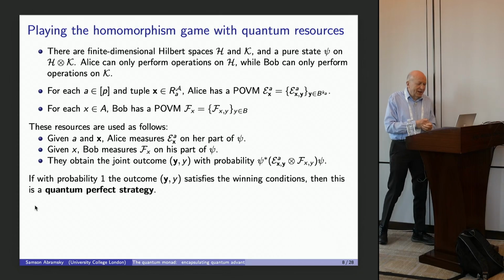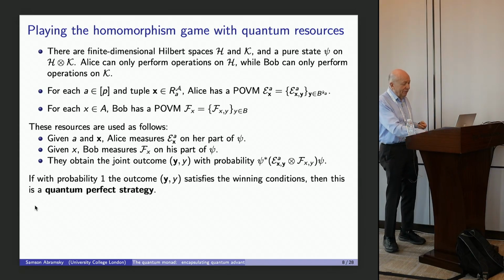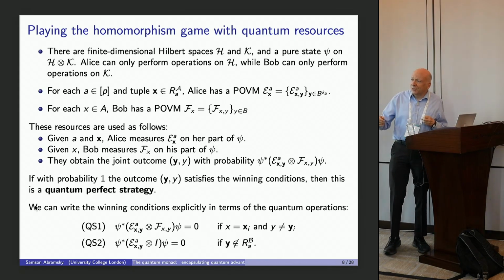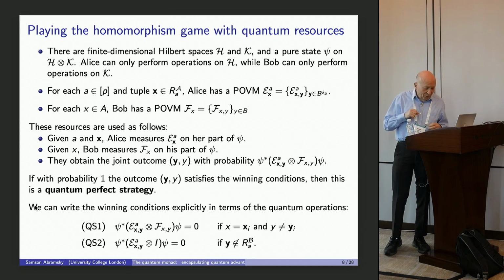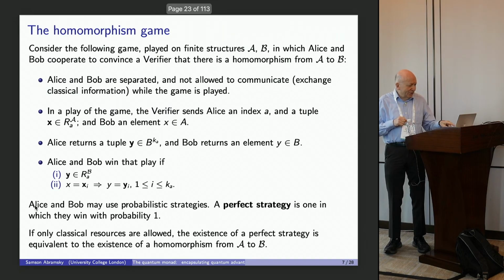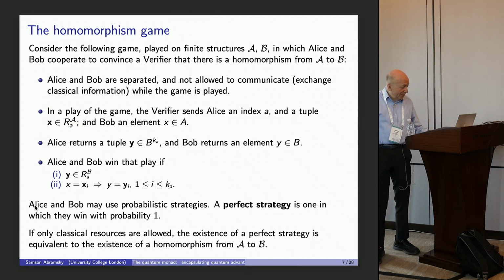So now we say that if with probability 1 the outcome satisfies the winning condition, then this is a quantum perfect strategy. And we can write the winning conditions explicitly in terms of the quantum operations. So remember what the winning conditions were. We have to get an output tuple correctly in the corresponding relation of the output structure, and there has to be this agreement between Alice and Bob.